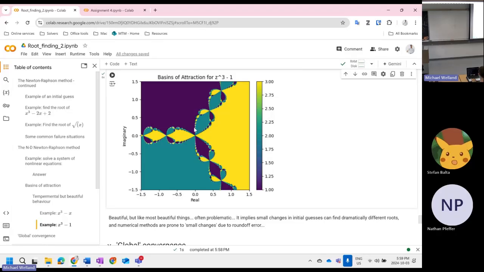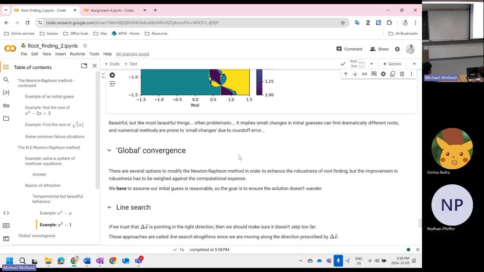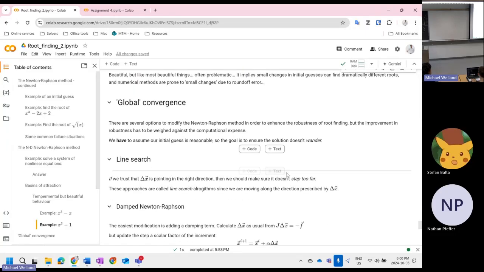And the problem is that the slightest change is a matter of round-off error, and you will always have slightest changes. Always, always, always. So this is generally considered a bad thing. Although very beautiful, we need to do something about it.